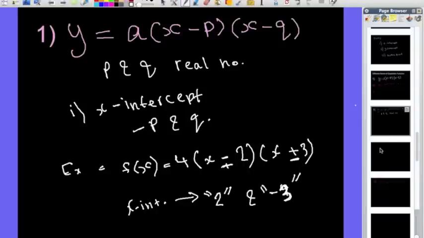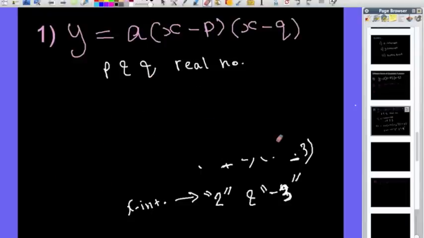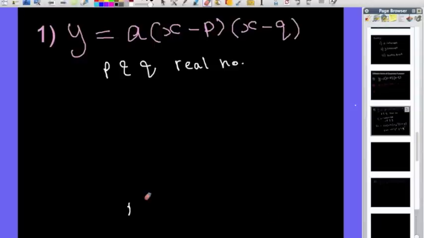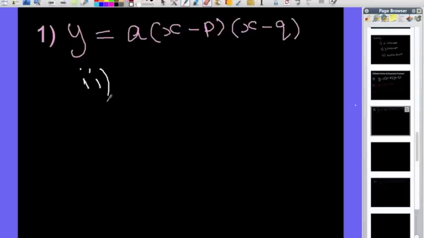And then the second thing you need to know is finding the y-intercept using this form.